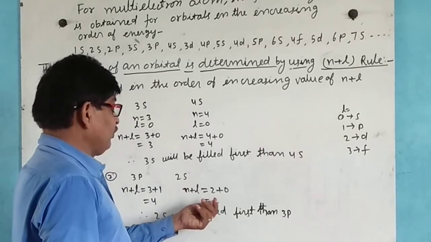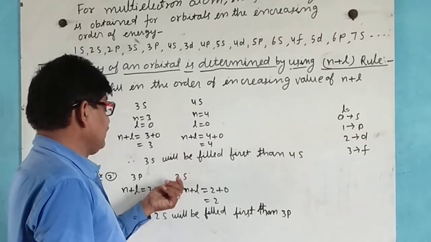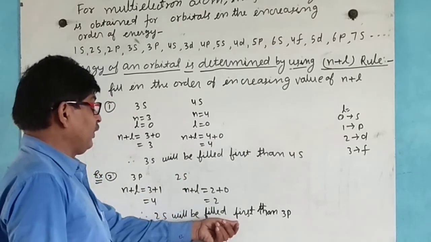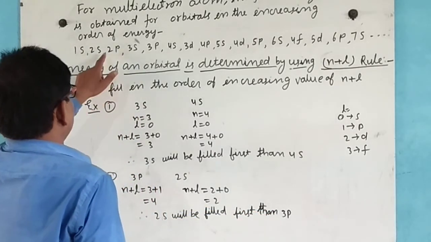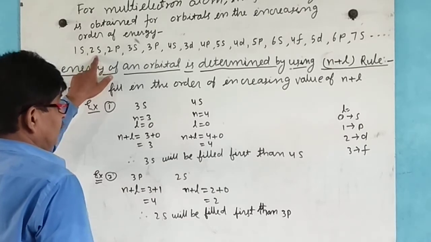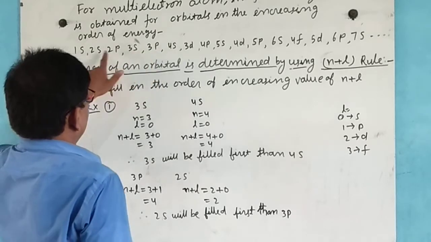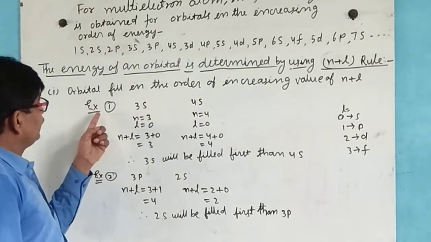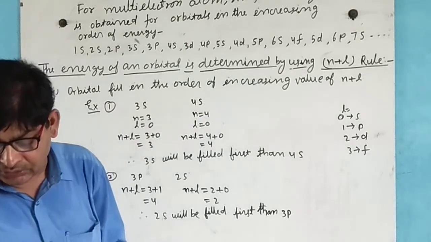So the value of this is less, and 2s will be filled first, then the 3p. This is the first rule, and after that the second.